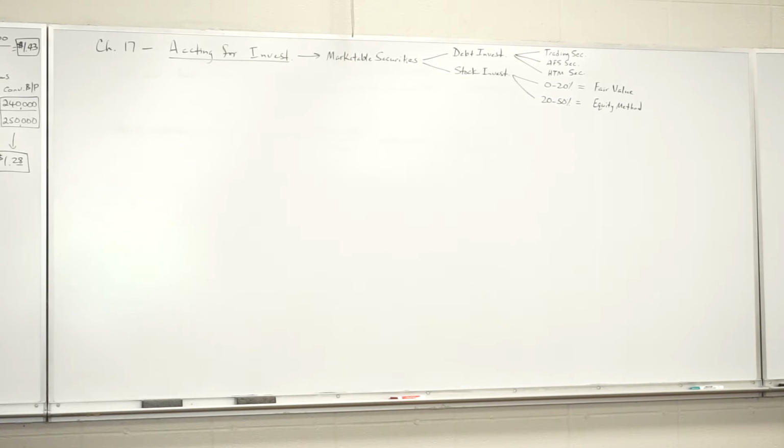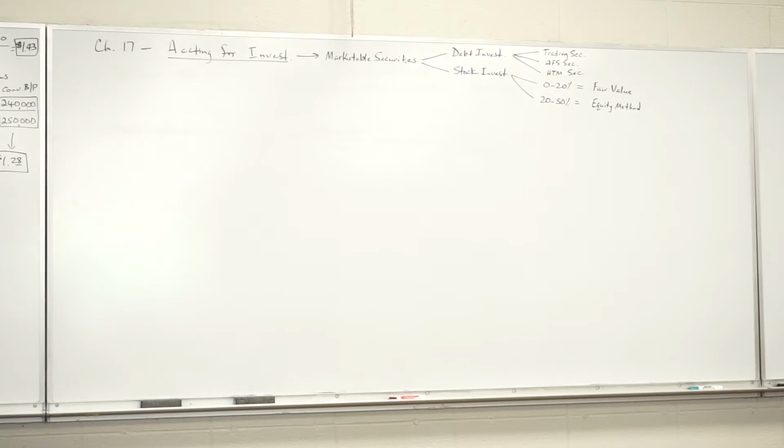So in this chapter, you need to be able to prepare journal entries related to adjusting these things to fair value. And remember, the journal entry needs to tell me where you are recognizing this adjustment. Is it in income or in equity? You got to tell me that.